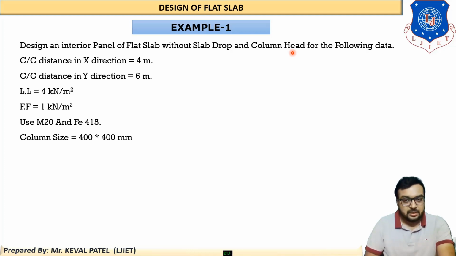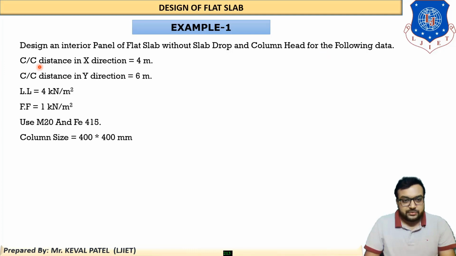It was already discussed in our last lecture that there are three types of flat slab construction. This example is based on type 1, in which there is no slab drop and no column head, for the following data.